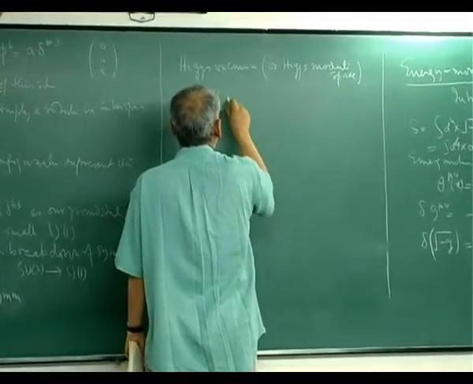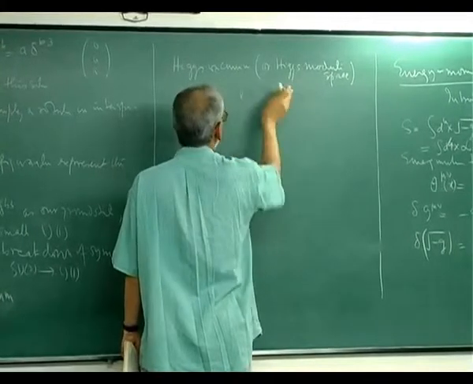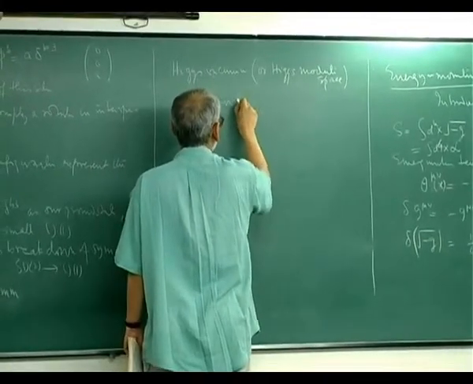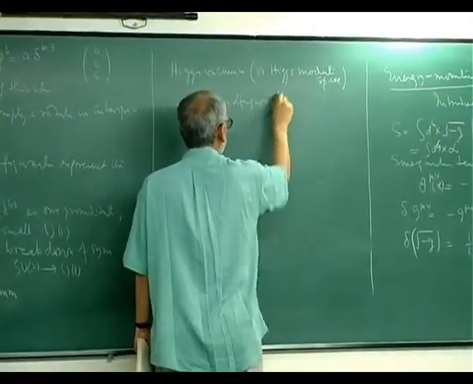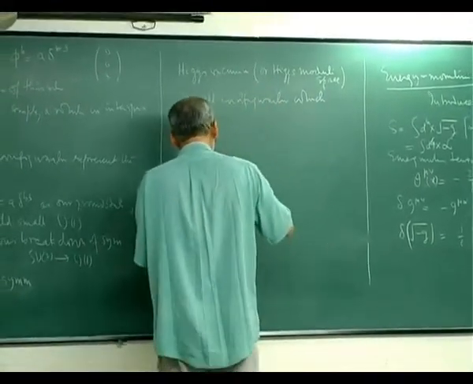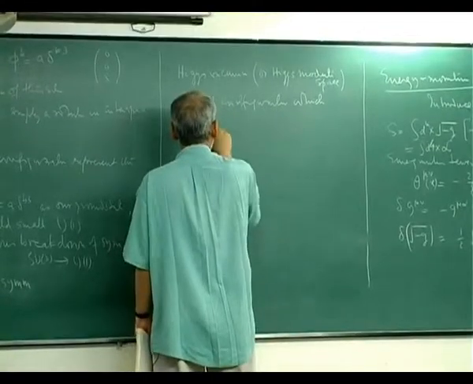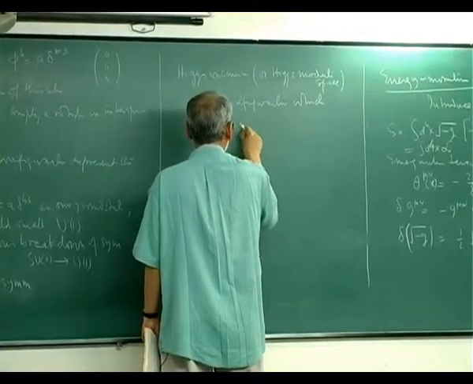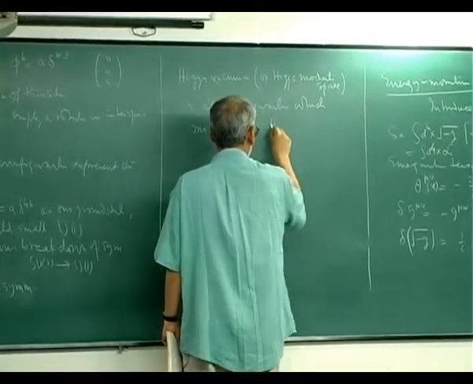It is the space of all configurations which minimize the Higgs potential.